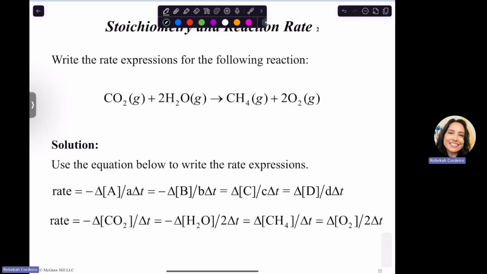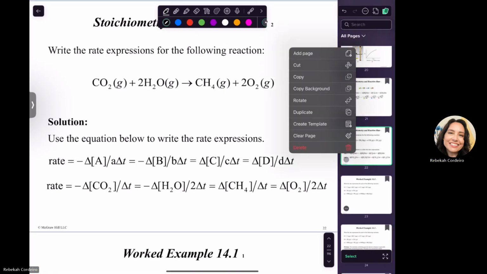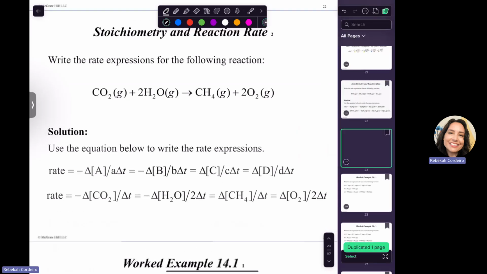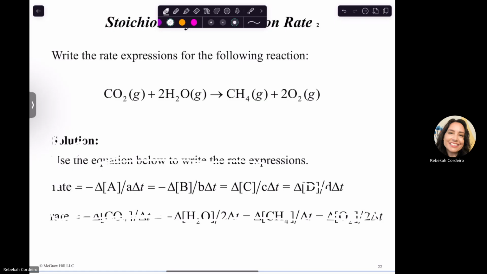and they're showing us here actually. Okay. Let me cover up some of this. We have some space.